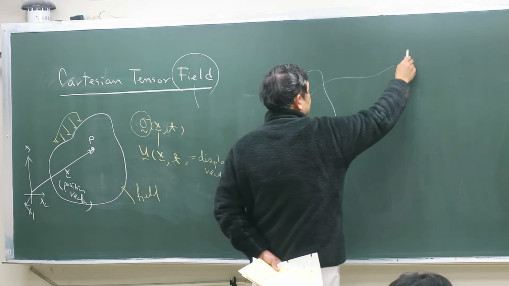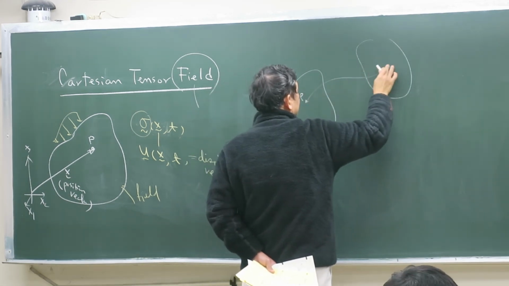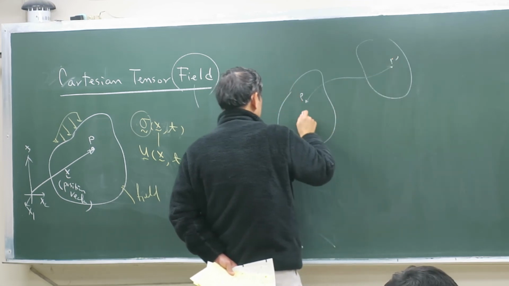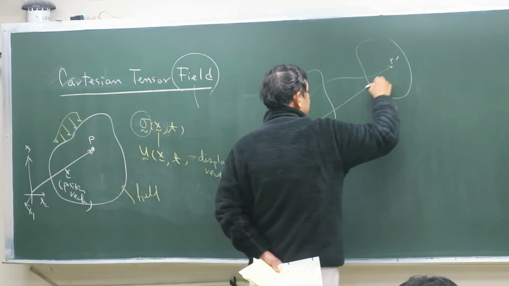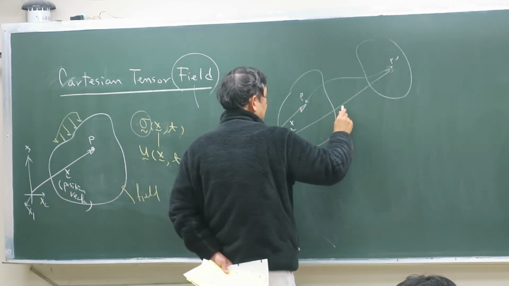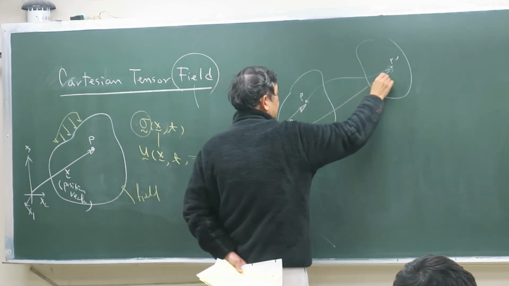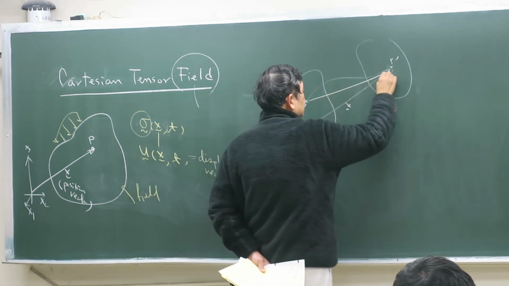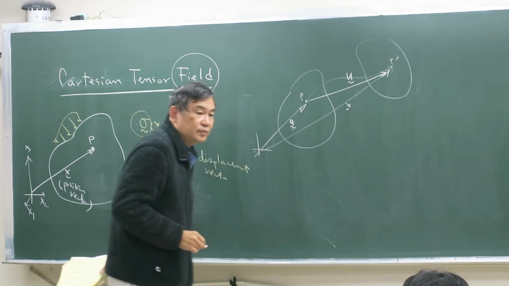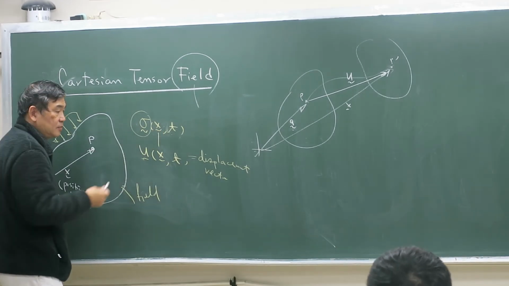At the next time you move to here. The point P will move to P prime. So this position vector will move to the new position. If I use A for the original position and X for the current one, this is a displacement vector.